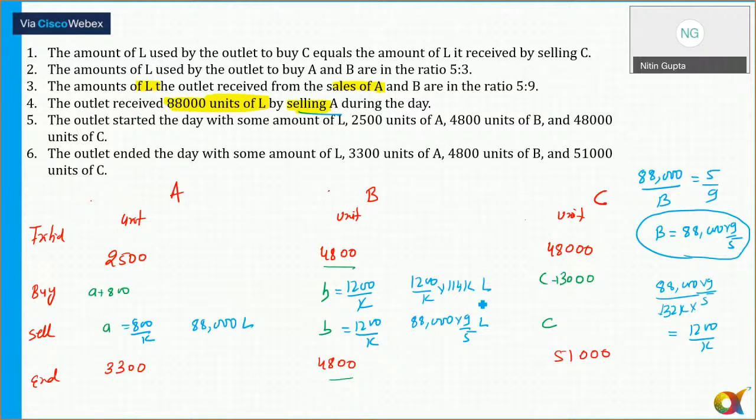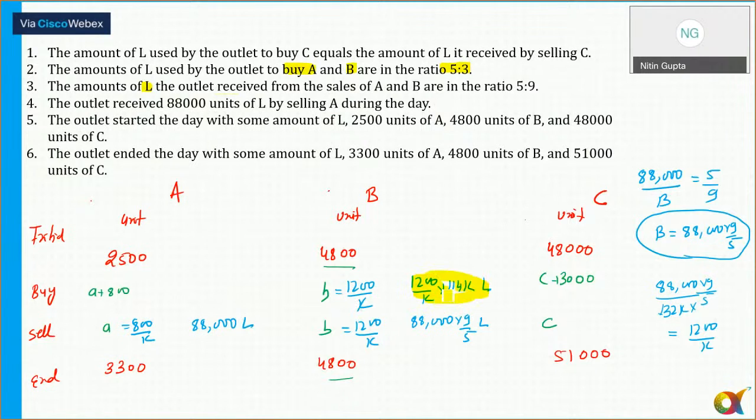Now, this is statement number 3 we have analyzed. Now statement number 1 and 2. Statement number 2 says the amount of L used by the outlet to buy A and B are in the ratio 5:3. So how much amount is used by the outlet to buy B?